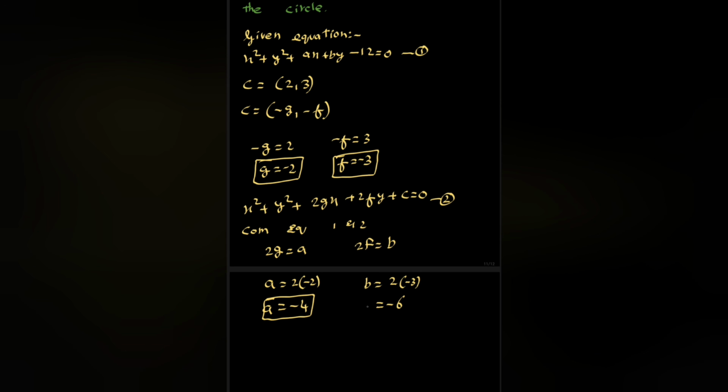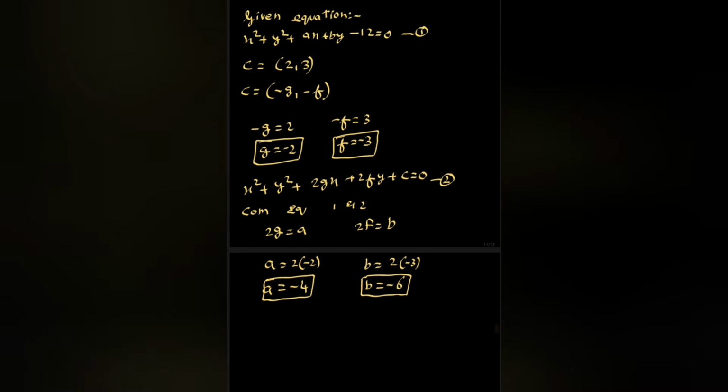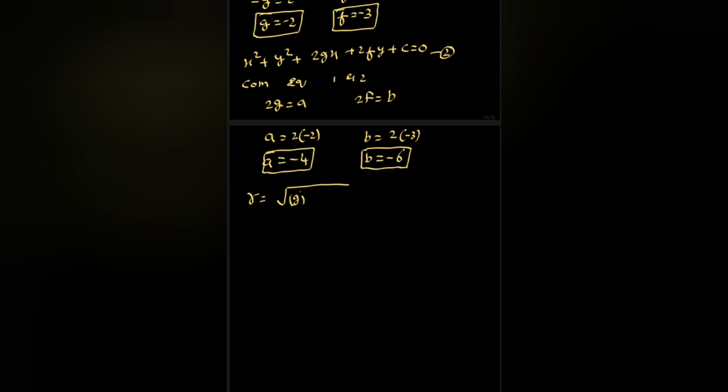So now we have to find the radius. Before finding the radius, we have to find the center, but already the center is given in the question, so no need of finding the center. So radius r equal to root over g square plus f square minus c.